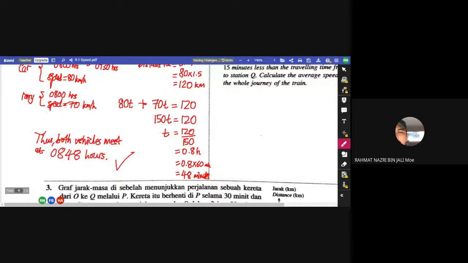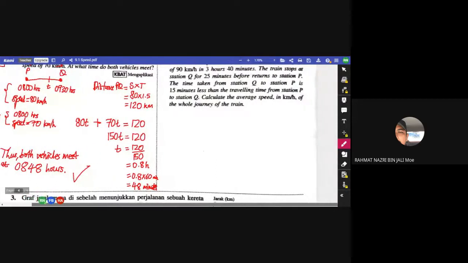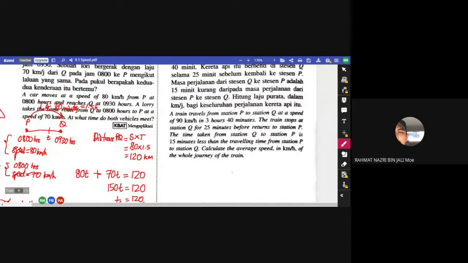Okay, this is question number 1. Finish. Okay, next one is question number 2. A train travels from P to Q at a speed of 90 km per hour in 3 hours and 40 minutes.